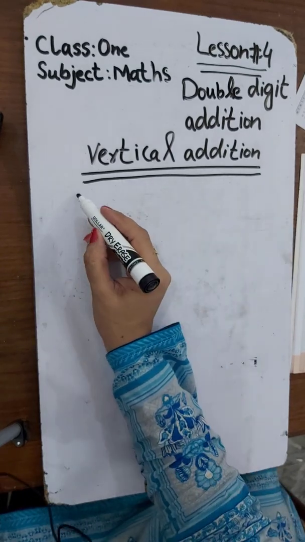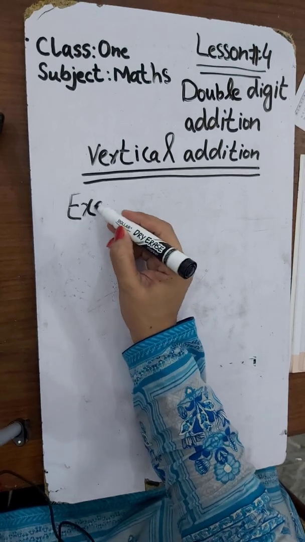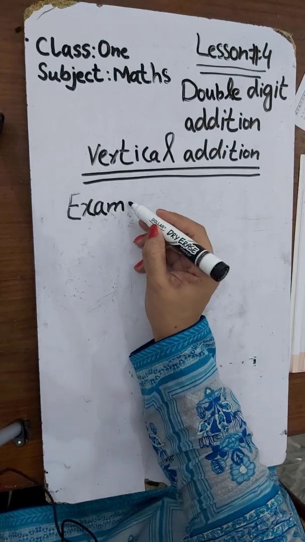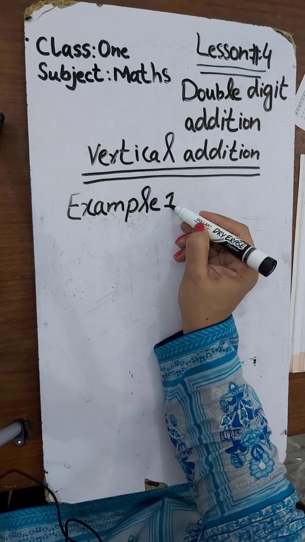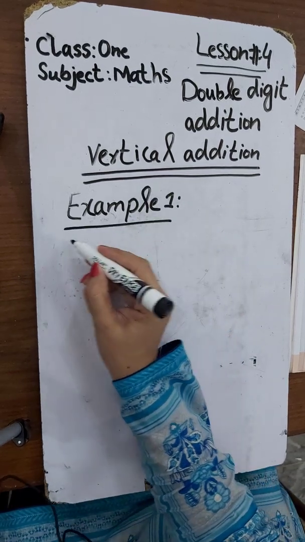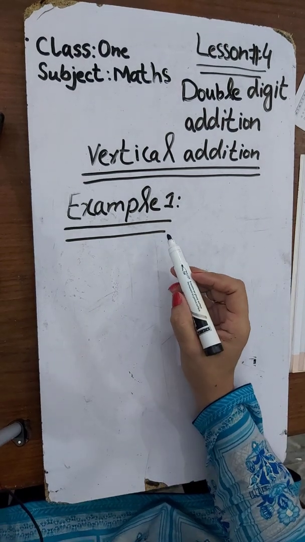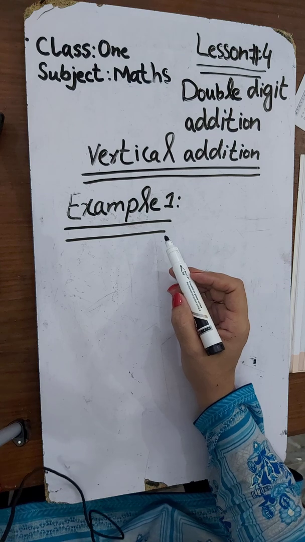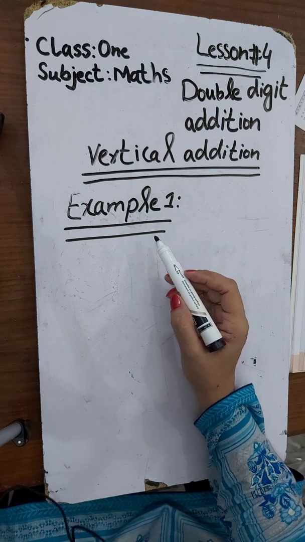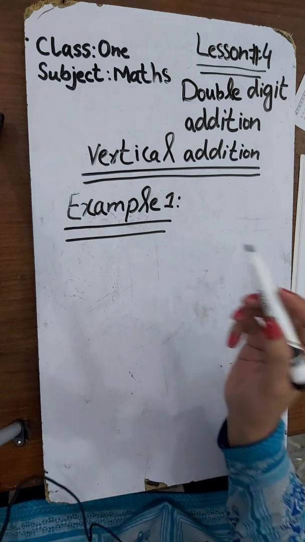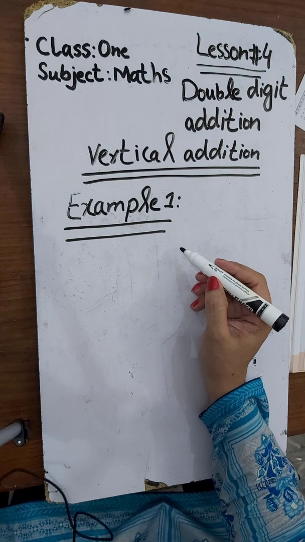To explain this, I will solve some examples. So the first example is how you will write numbers in vertical addition. For example, if I want to add 15 and 3, how will you write 15?